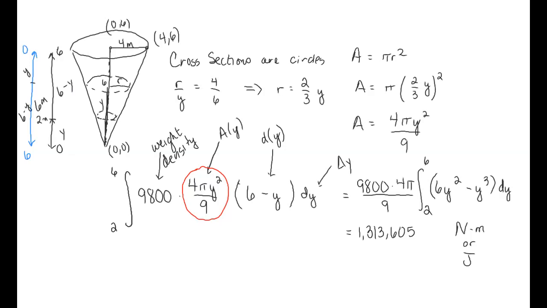It's the only difference. So in our integral, we're going to still have our 9,800. But in that radius piece, you're going to have 4 pi times 6 minus y squared over 9. And then plain y for your distance.